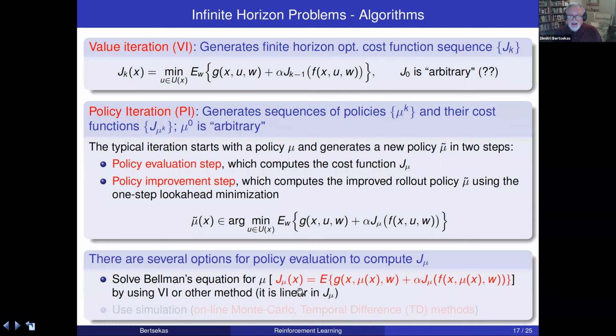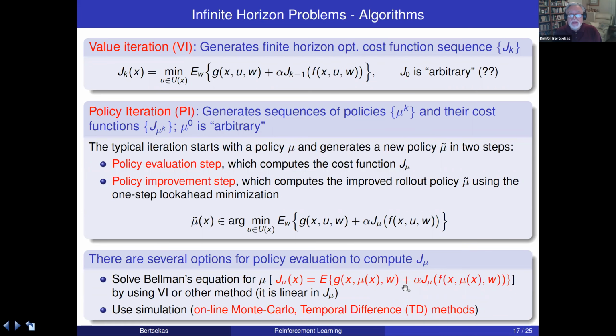Now, this equation, viewed as having as variables the function J mu, or the vector J mu in the case where you have a finite number of states, is a linear equation, and it can be solved by any method in principle. Gaussian elimination. You go to MATLAB and you pick your favorite method for solving it, and it will give you the answer. One of the ways to solve it is by using a form of value iteration, where instead of minimization, you have mu sub x in place of u here. So that's one possibility.